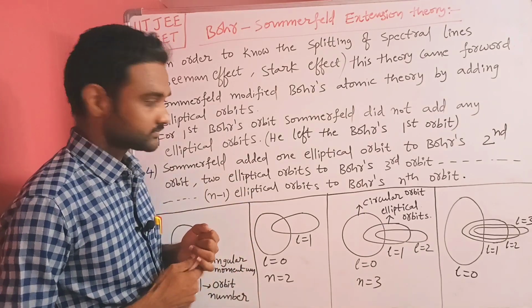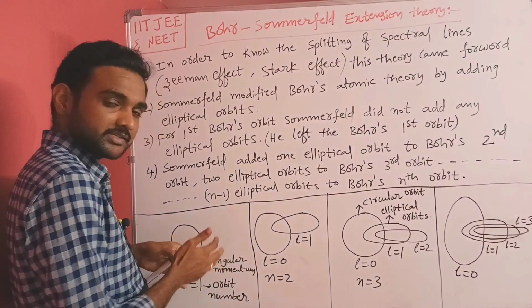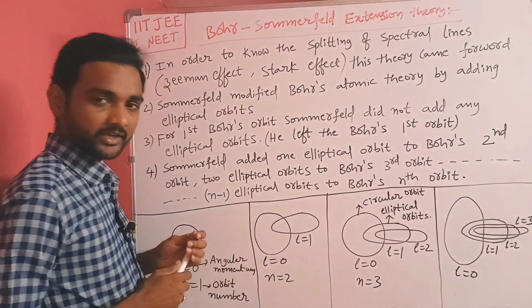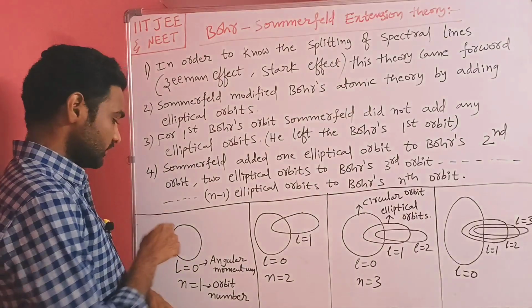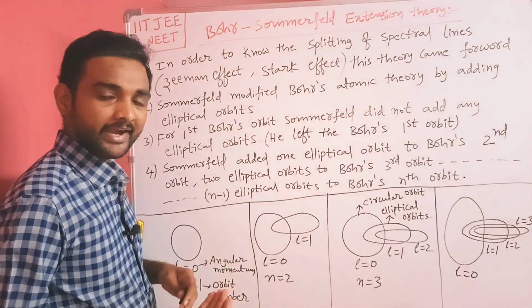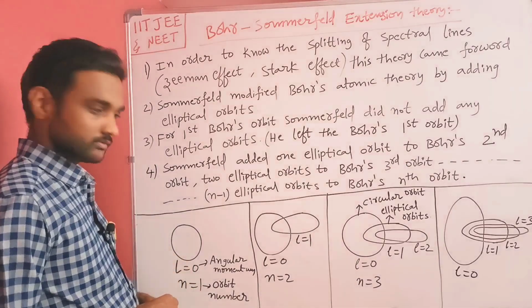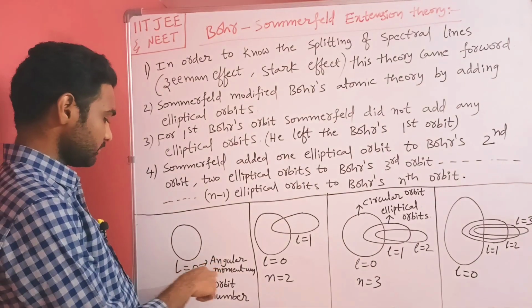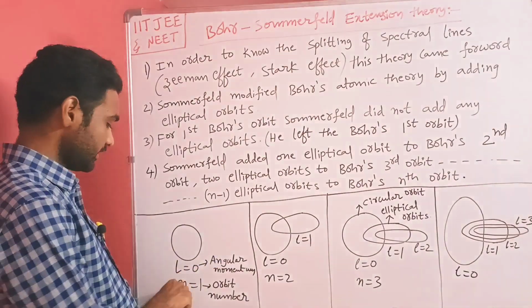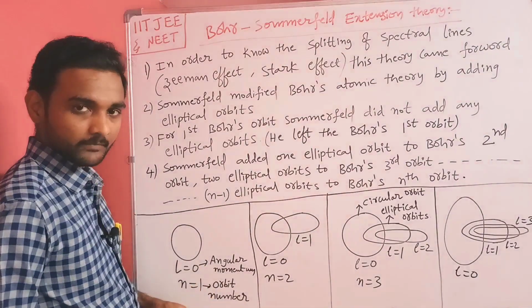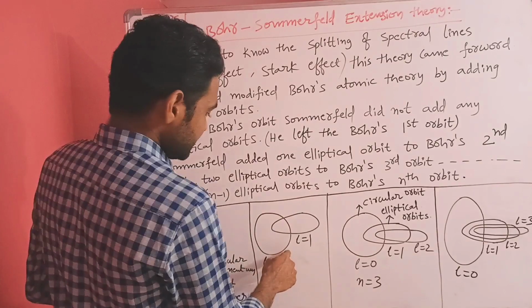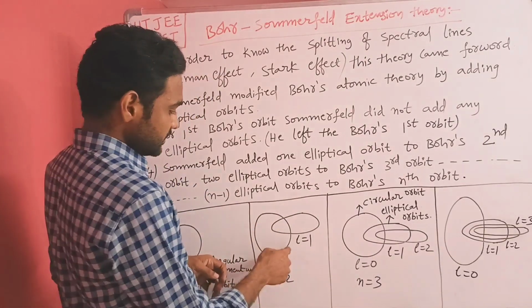Have you understood? See, for better understanding, let me discuss these diagrams. Here this is Bohr's first orbit. For Bohr's first orbit, he didn't add any elliptical orbits. Angular momentum is 0 for Bohr's first orbit, and the shell number, I mean n, in the sense orbit number, is 1. Next, the second orbit.